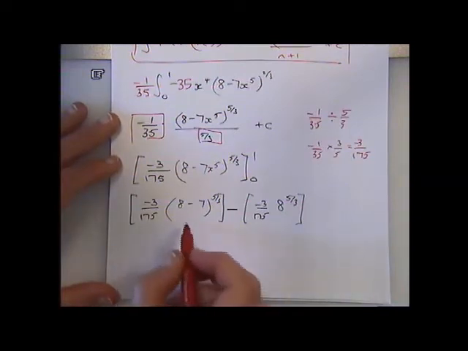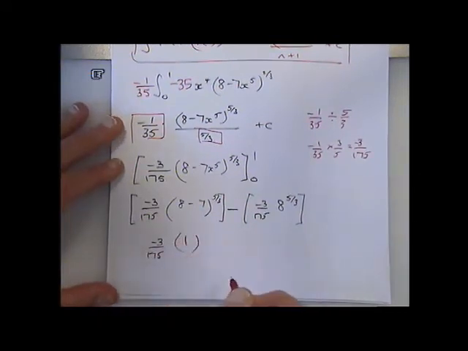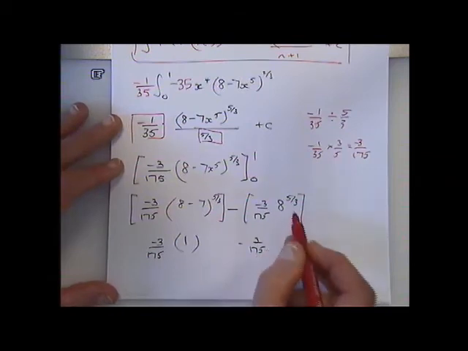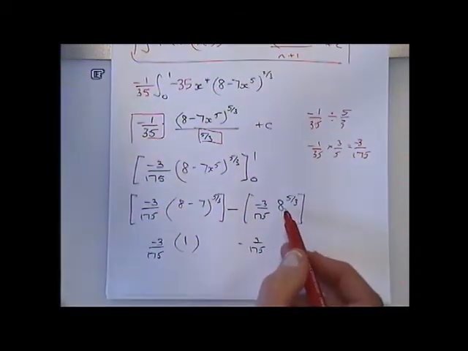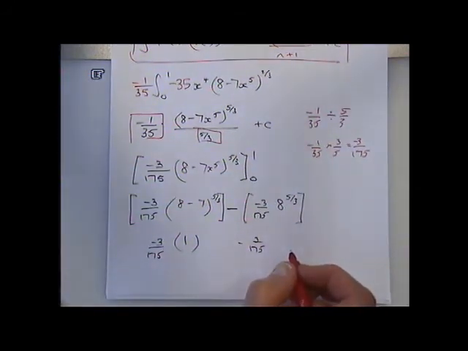So over here, I've got minus 3 over 175 times 1. Over here, I've got minus 3 over 175 times... well, what's 8 to the power of 1/3? 2. Then I need to do that to the power of 5. 2, 4, 8, 16, 32.